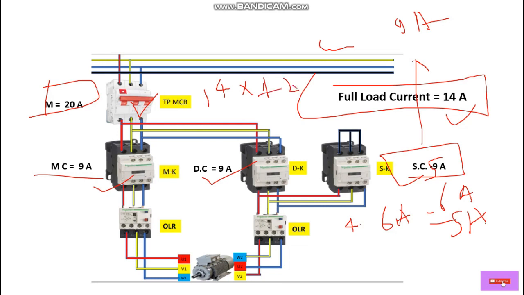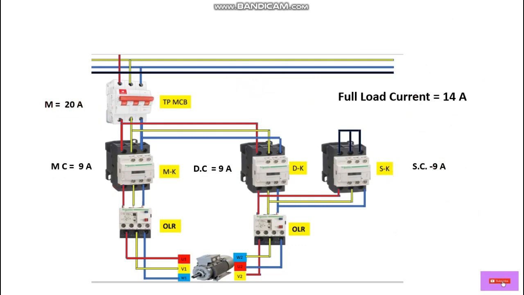So what is the value? 1.25 into 14, so it becomes 17.5. So near to that we are going to select this 20 amperes. That's why main breaker size is 20 ampere, then main contactor size is 9, delta 9 and star 9.